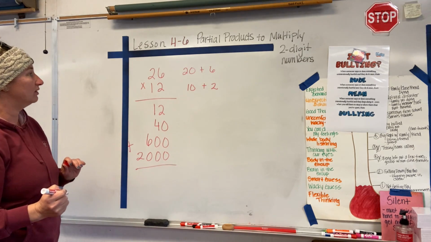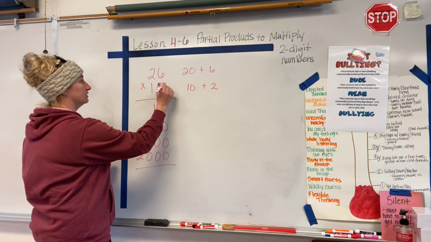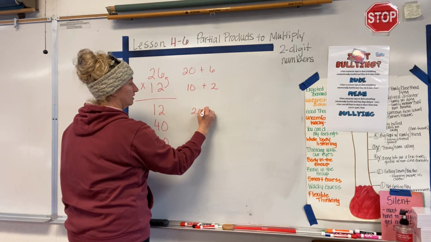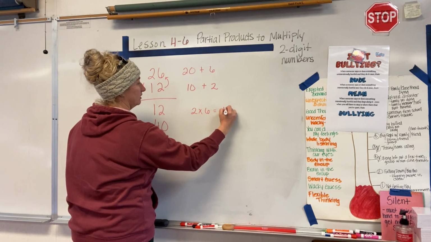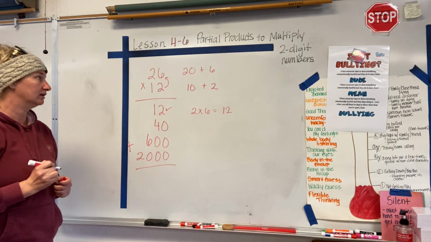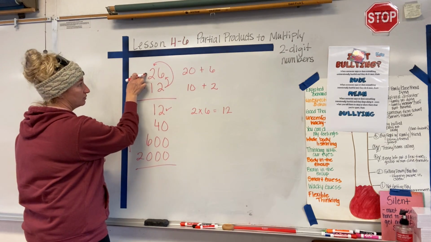Okay, so if I go ahead and do all my partial products, that's going to be 2 times 6 equals 12. Okay, so that matches up here with this, so that's right. Then I'm going to do 2 times 20.